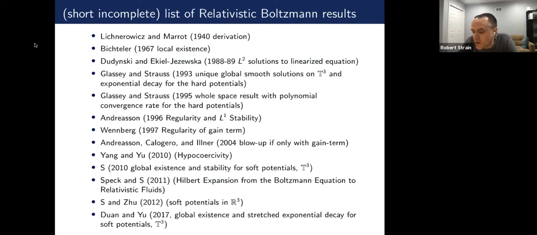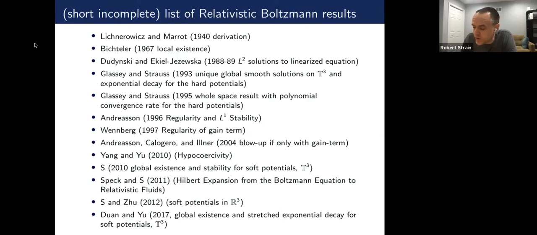Andréasson in 1996 proved regularity in L1 stability. Wennberg in 1997 proved the regularity of the gain term type result. And then Andréasson, Calogero, and Reinhard Illner in 2004 studied the issue of blow up for the equation if you only have the gain term and you throw away the loss term.